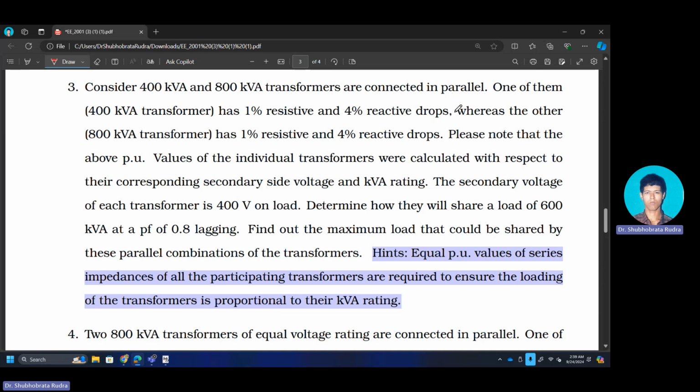So the only difference between the second problem and the third problem is that here you need to adjust the per unit values. For the first one, if you consider it is 1 and 4, for the second one it would become 0.5 and 2.